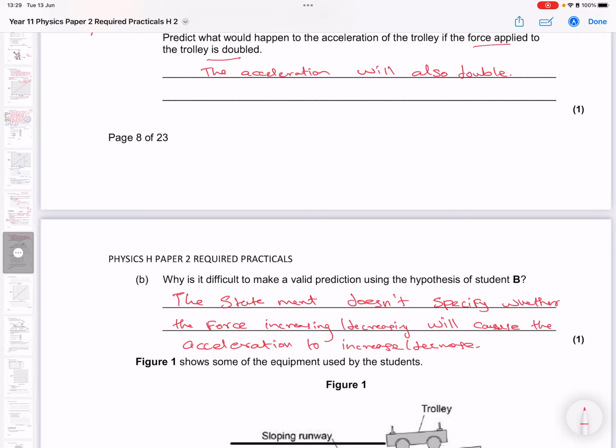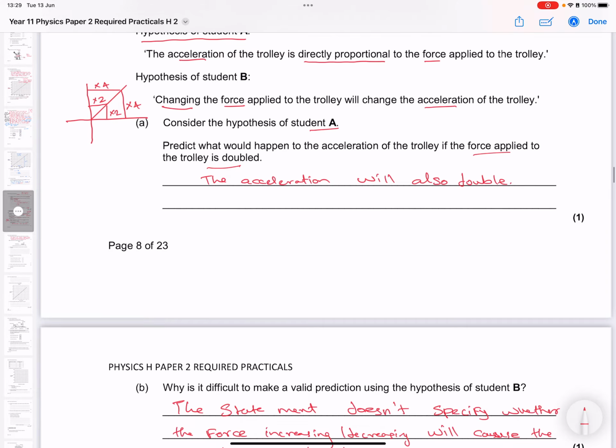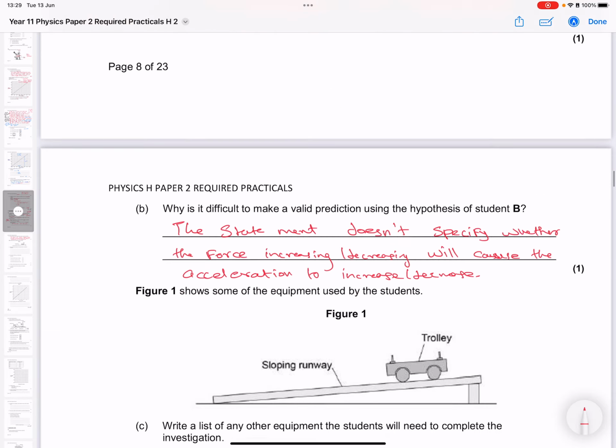So they didn't actually say that, they just said change. So change is not good enough. They need to say increasing the force will increase the acceleration, or increasing the force will decrease the acceleration, or decreasing the force. So they need to be more specific on this.